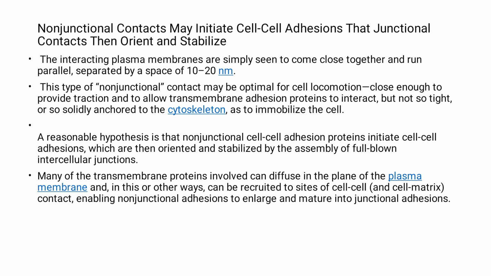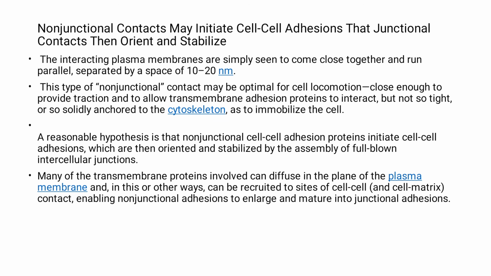This type of non-junctional contact may be optimal for cell locomotion: close enough to provide traction and allow transmembrane adhesion proteins to interact, but not so tight or so solidly anchored to the cytoskeleton as to immobilize the cell. A reasonable hypothesis is that non-junctional cell-to-cell adhesion proteins initiate cell-to-cell adhesions, which are then oriented and stabilized by the assembly of a full-blown intercellular junction.